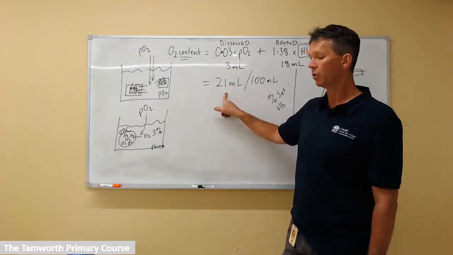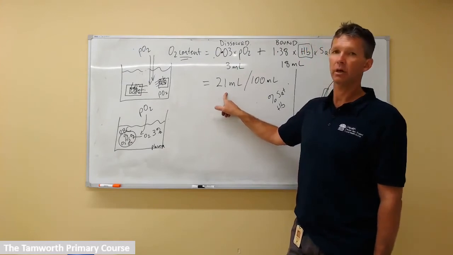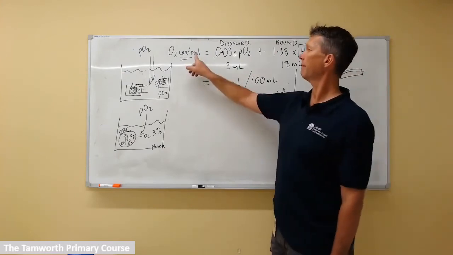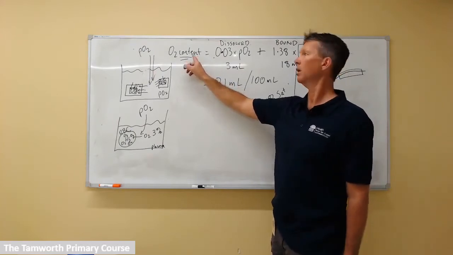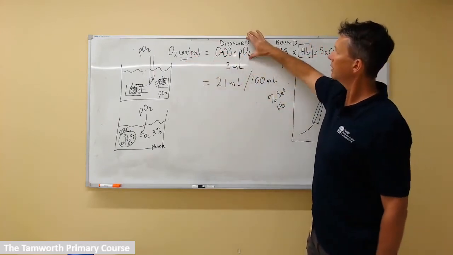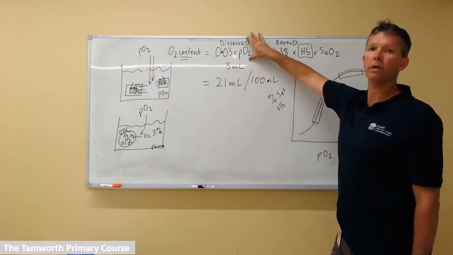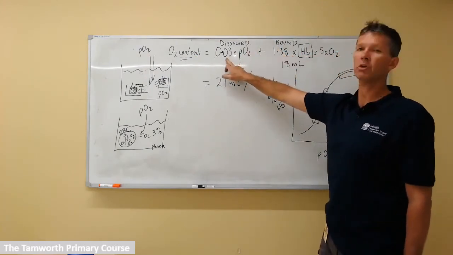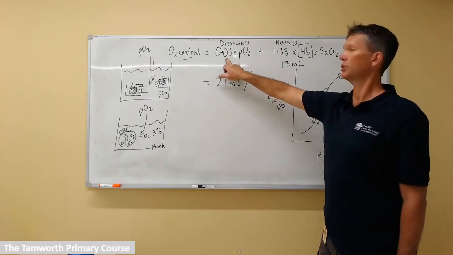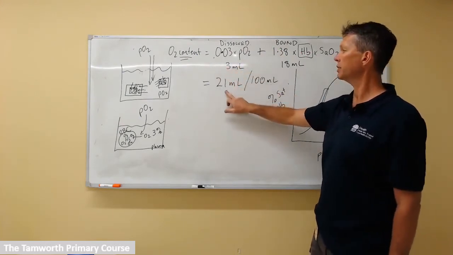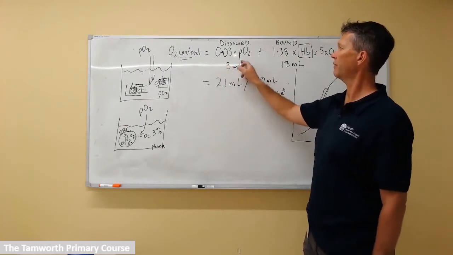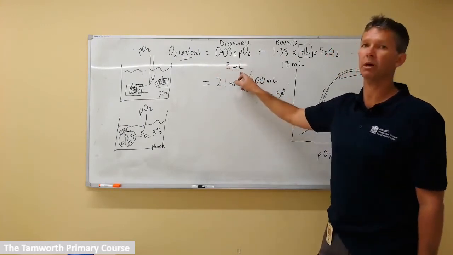What we're now going to talk about is the properties of oxygen content when it's exposed to different environments. I.e., if there's an environment with a low PO2, then 3% will be dissolved oxygen, and that will change a little. But compared to the 21, a change of a few percent of 3 mils is not much.